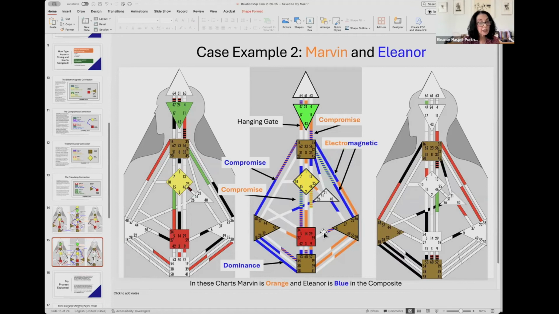So there will be times when the gate 59 is activated by transit, and then it will be a time to transform anything emotional we may be dealing with internally. The skill to use for emotional reactivity would be active listening or clean language. Notice that Marvin has the storytelling channel, and it is a compromise channel for the two of us.